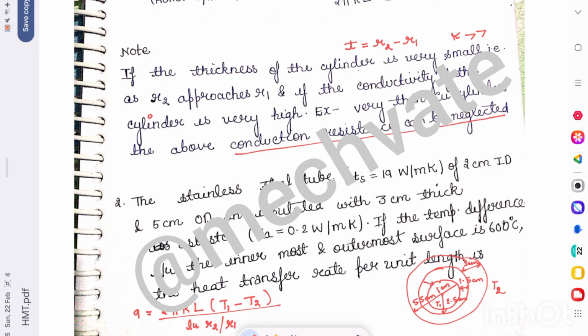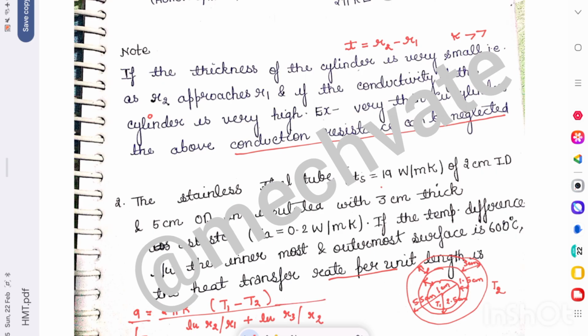So here there are two resistances, one between this one and the other between this one. I modify it to Q by L, because the question asks for the rate per unit length. So it is the first resistance, then the second resistance, ln R3 by R2.